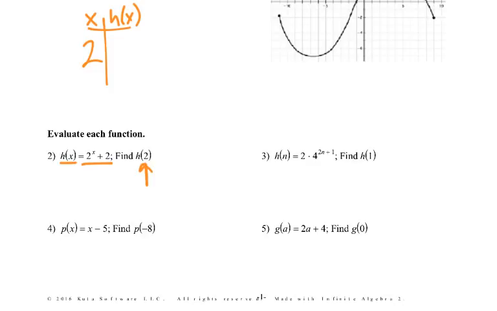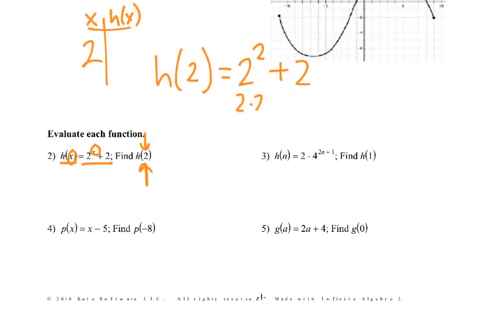To do that, you simply rewrite h of x as h of 2 equals, then anywhere there's that same variable, you replace it with your new number. So it would be 2 to the second power plus 2. Remember, exponents are multiplication, so 2 squared is 2 times 2, then plus 2. 2 times 2 is 4, plus 2 gives us 6.